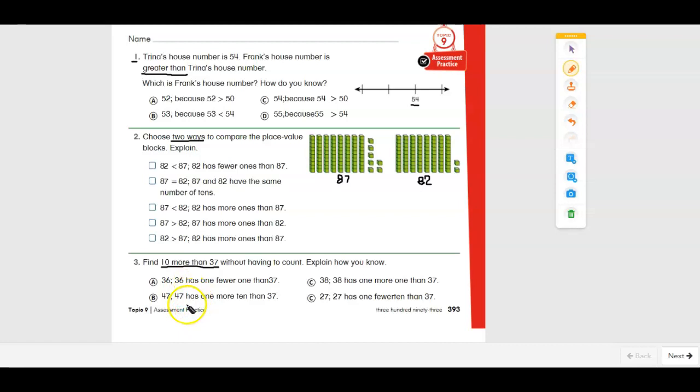Is it 47 because 47 has one more 10 than 37? Is our answer 38 because 38 has one more than 37? Or is it 27 because 27 has fewer 10s than 37? Fill in the answer choice for what would be 10 more than 37.